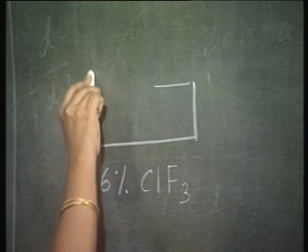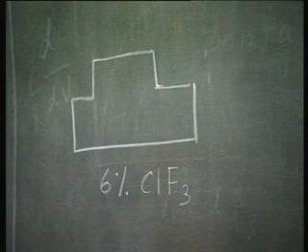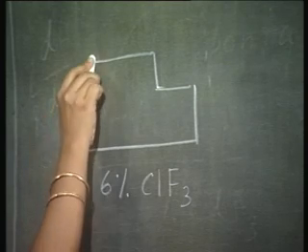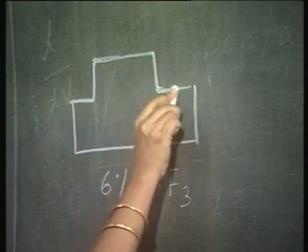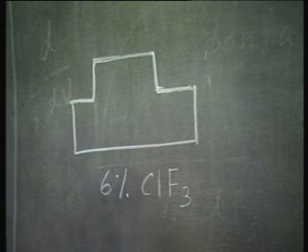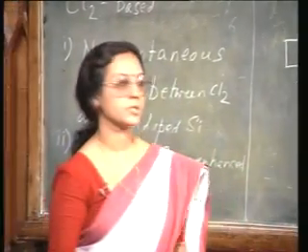Then I have an almost vertical profile like this, almost vertical, not exactly but almost. That is when I have 6% of ClF3. Let me increase this percentage of ClF3 from 6% to let us say 30%.